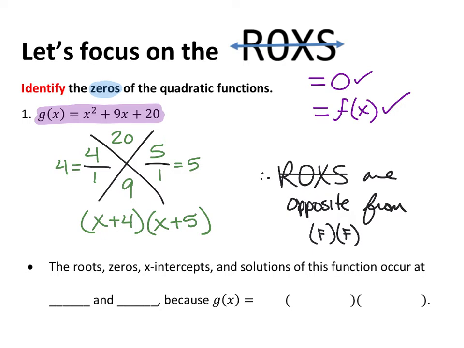So to fill out the sentence underneath here, we can say that the roots, zeros, x-intercepts, and solutions of this function occur at -4 and -5 because that g of x function factors to x plus 4 and x plus 5. And the roots and zeros, x-intercepts, and solutions are the opposite of factored form, or intercept form now.